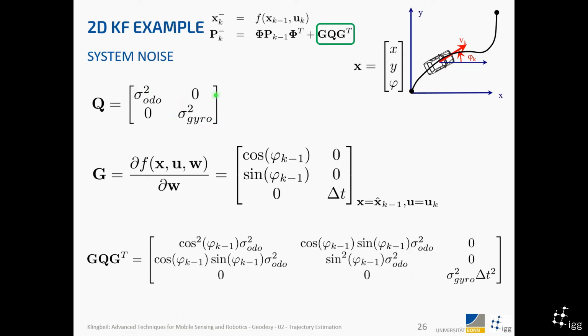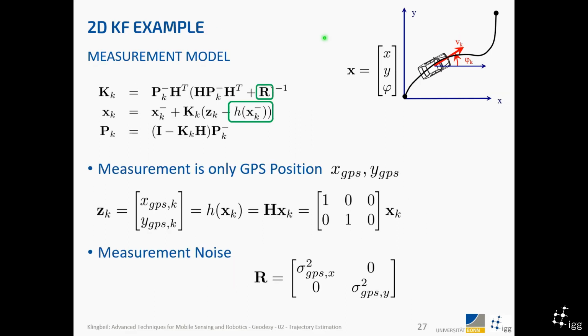This is given here, and what we have to calculate is how this uncertainty influences the covariance, and this is by calculating the derivative with respect to the noise here, and then this is the result, right? So this is telling us how to calculate this system uncertainty component, which we have to add here in the prediction of the covariance.